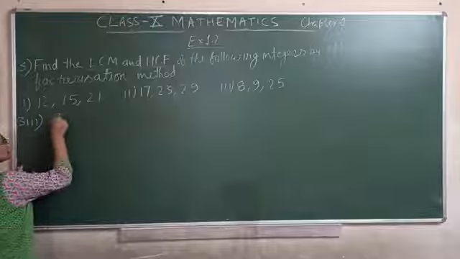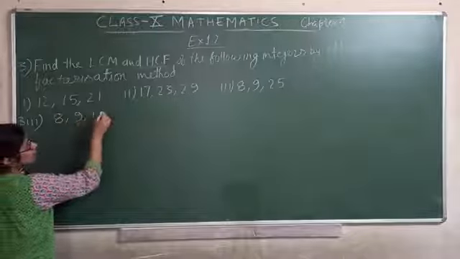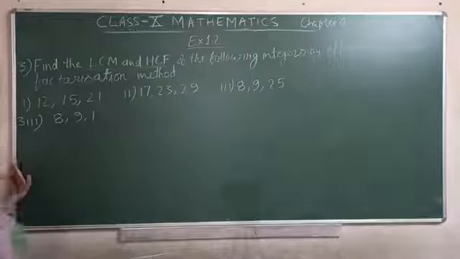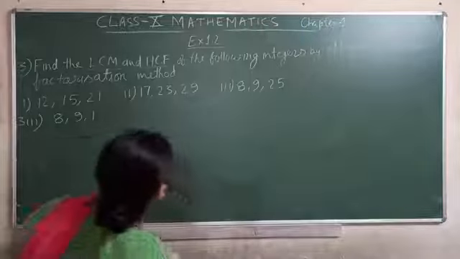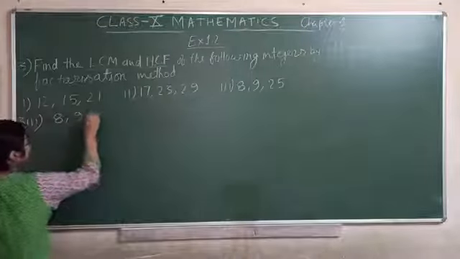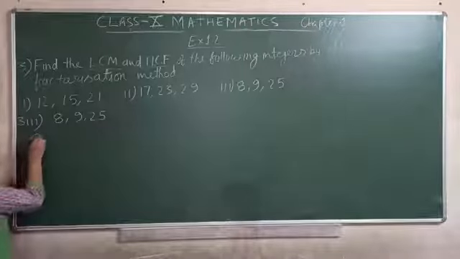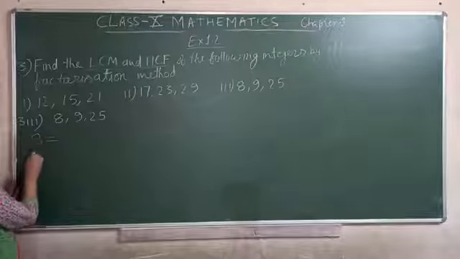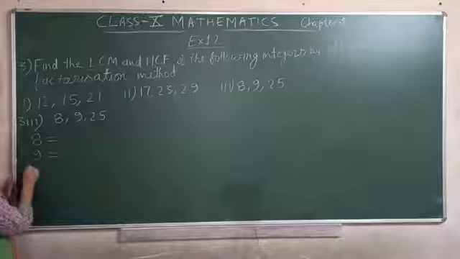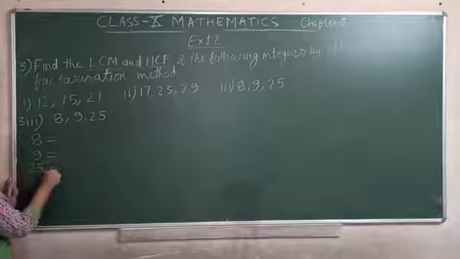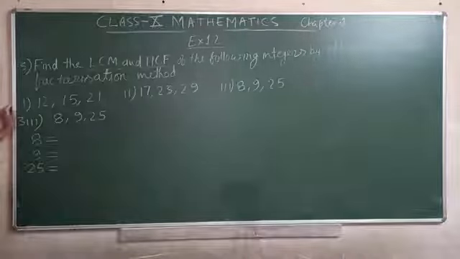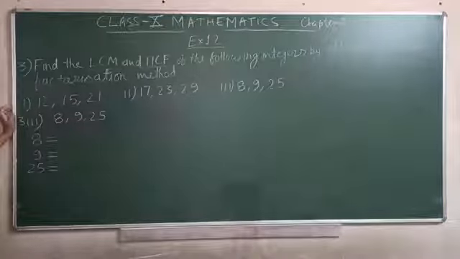Question is 8, 9 and 25. So firstly we will do prime factorization of these numbers.